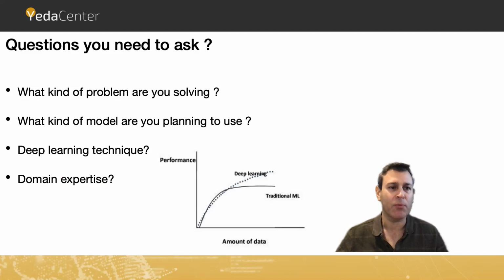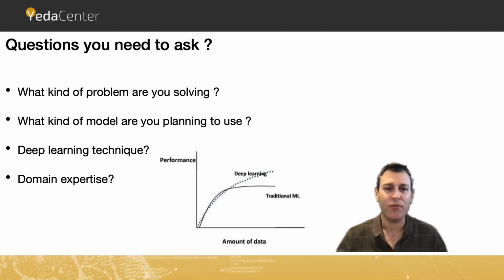If you want to solve the problem with deep learning techniques, then usually, as you can see in this graph, you will require more performance, more computation effort, and usually it requires more data than traditional machine learning, where you get some manual features and domain expertise into the system.